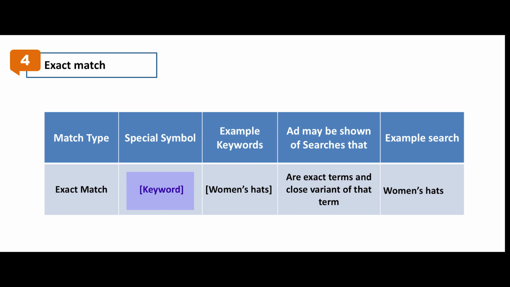The ad may be shown for searches that are the exact term and close variants of that. In this example, if someone searches for women's hat only, then the ad will be shown. If someone adds a few words before or after the exact match, the ad will not be shown.